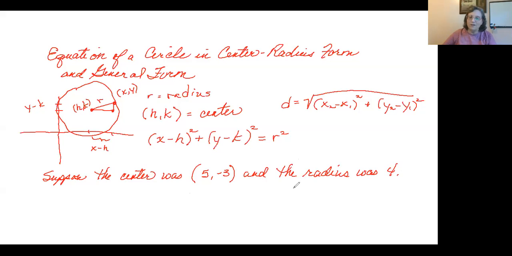Then the equation for this circle is nothing but x minus 5, because this is h and this is k. So x minus 5 squared plus y minus -3, which becomes y plus 3, squared equals the radius squared. So it's 16. That's all you have to do.